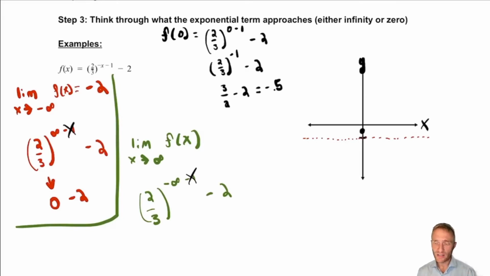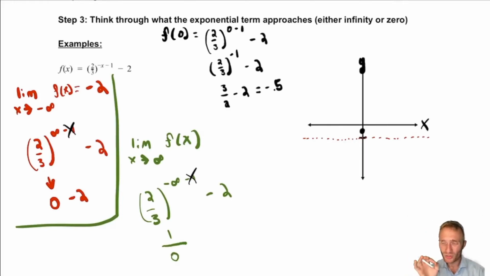In the infinity case, 2/3 goes to 0. But in the negative infinity case, one way to think about this is 1 over a smaller and smaller number. This is almost like saying 1 divided by 0.